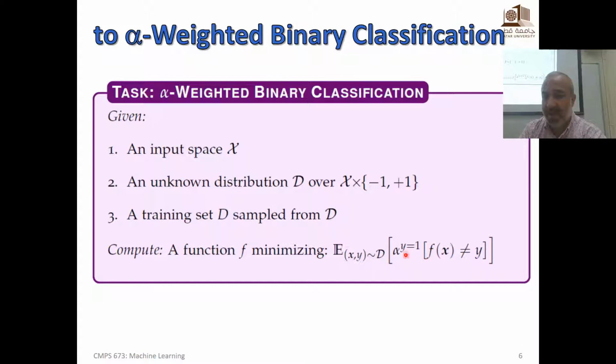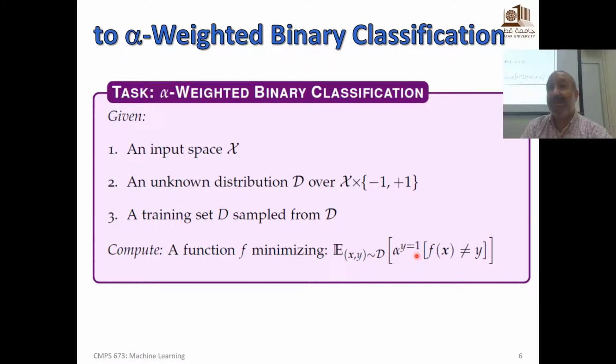How is that happening here? This is alpha to the power y equals 1. So if y equals 1, which is the positive class, then this will be alpha to the power 1. So we will multiply by alpha. This is in the error function. So this is how the error will be computed. So if the error is in the positive class, then we will multiply by alpha.